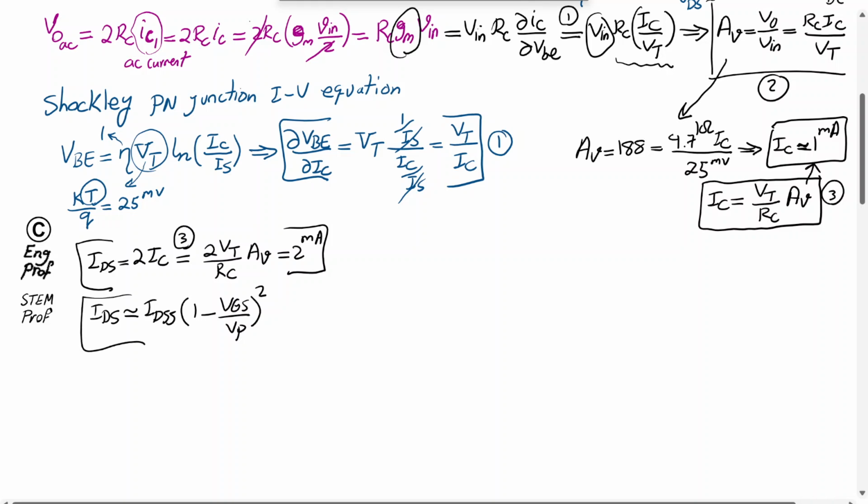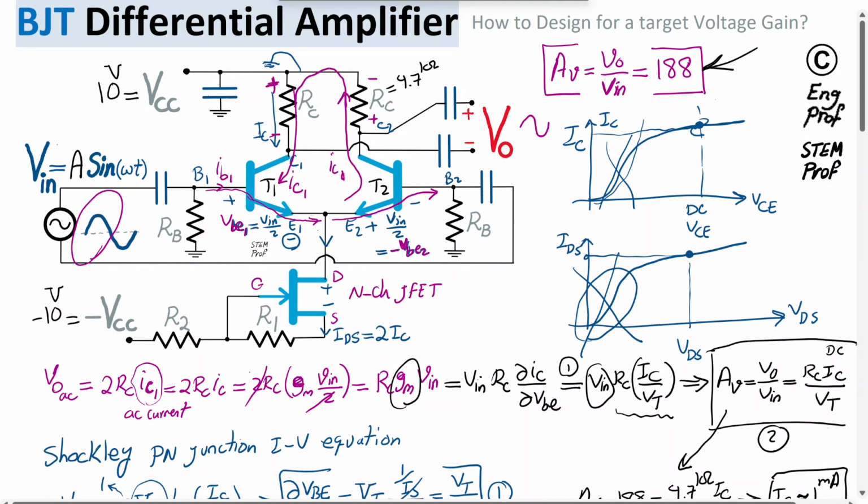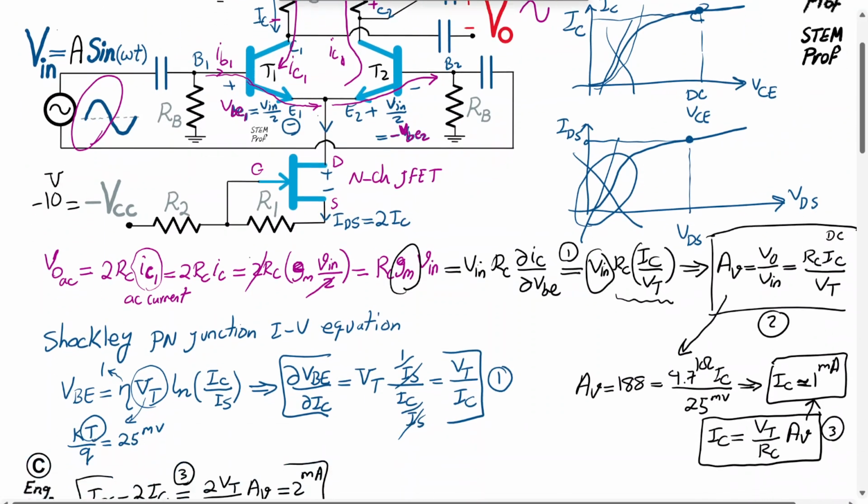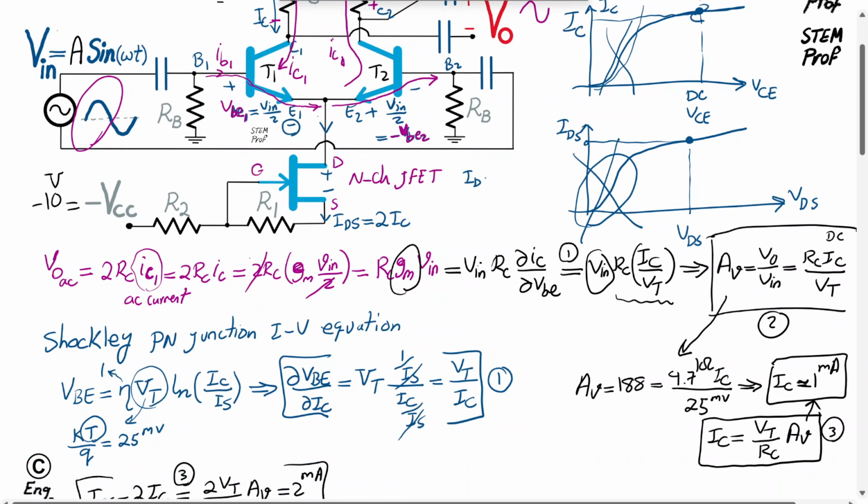Okay, let's make the assumption that the JFET transistor has IDSS of 8 milliamp. It's just a matter of which device you purchase from, let's say, the likes of Mouser or any other distributor.